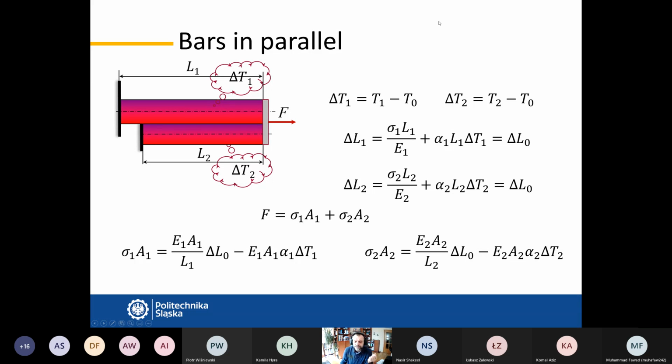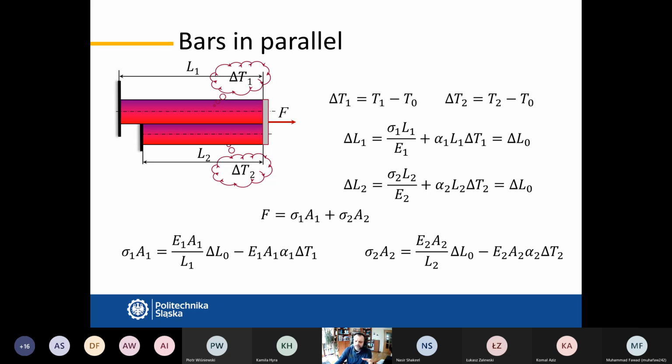But generally we can do such actions. So the worst case is rigid connection, and some release of the stresses is possible due to a thermal gap or a spring element in the system.